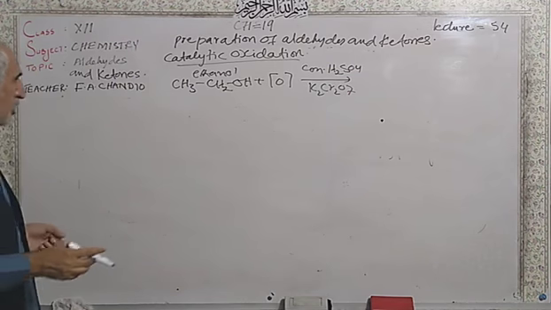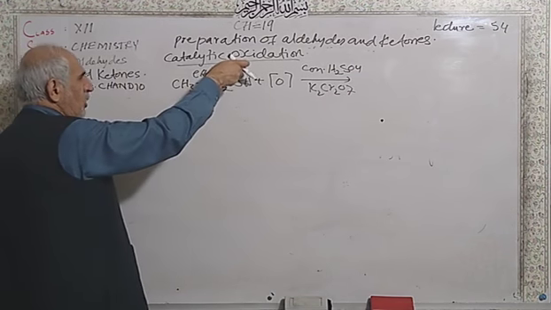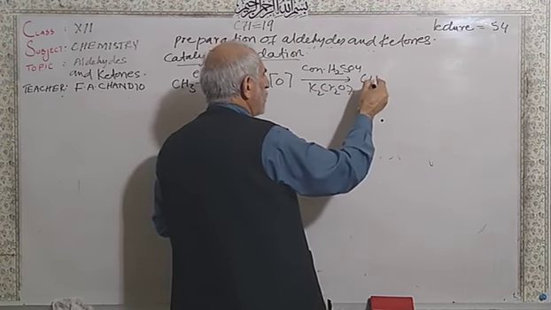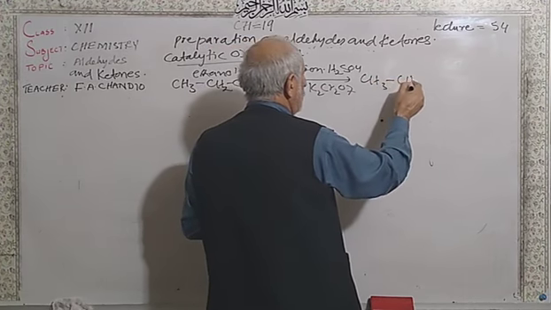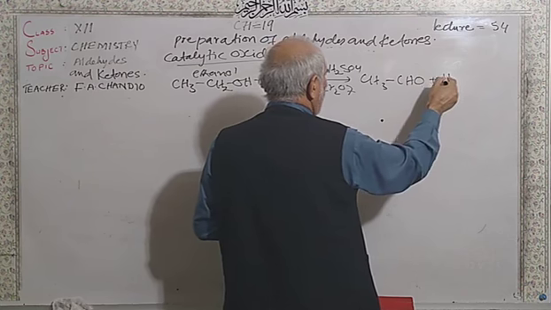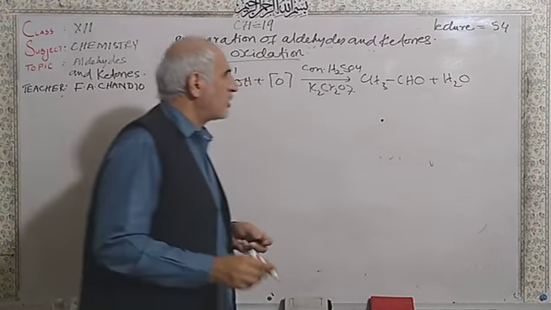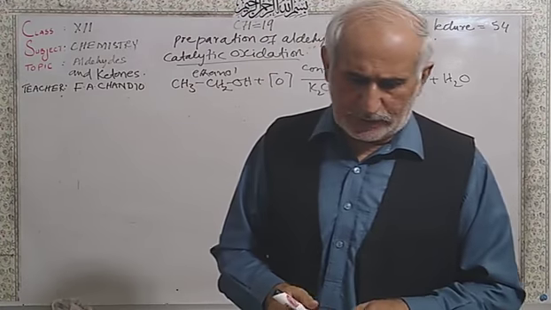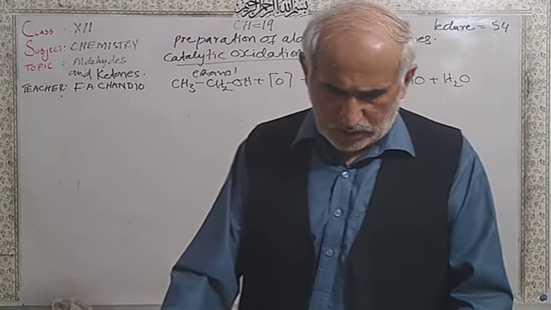They give this nascent oxygen. There is dehydration. OH is going to move from here and hydrogen from this. So you will get an aldehyde and water. This is the aldehyde that is formed, and this is called ethanal.